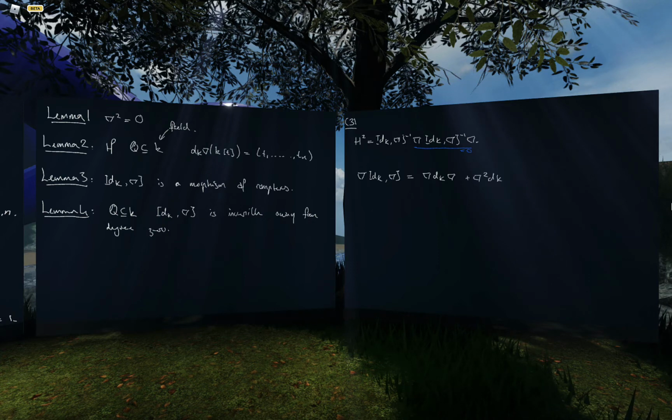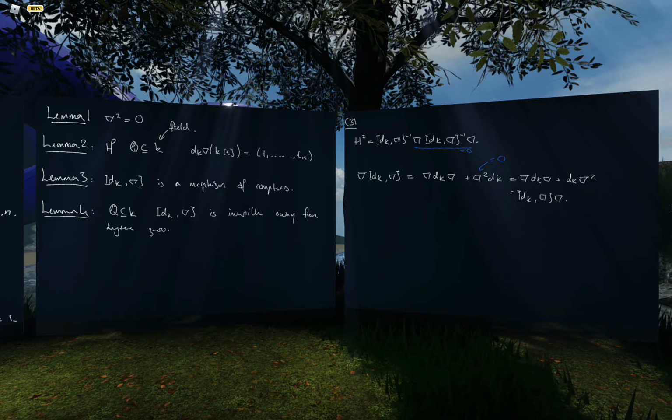Well, we know from the previous lemma that that's equal to 0. So that gives us dk nabla nabla.